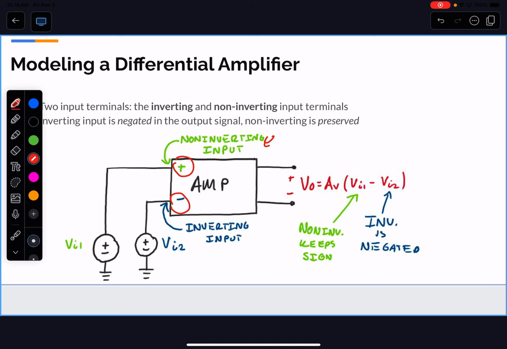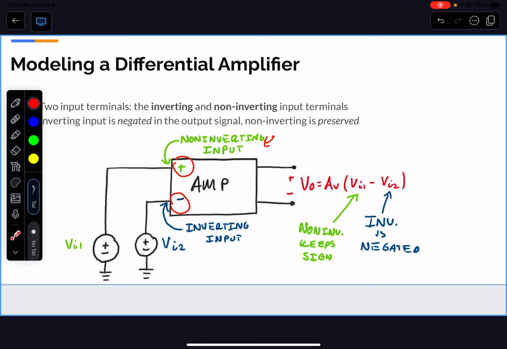The real reason is that if you put the signal into your inverting input and amplify it that way, your output signal will be flipped.